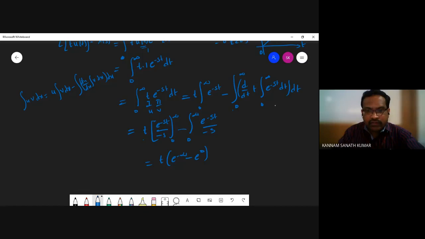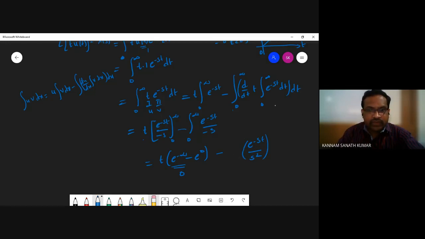So this value you are getting 0. So 0 to infinity e power minus st by minus of minus, plus s square. So s square you are getting after applying the integration.